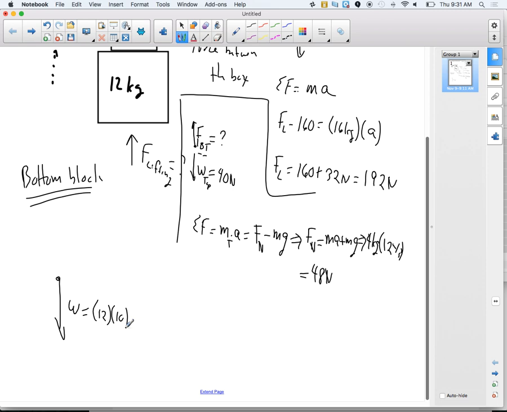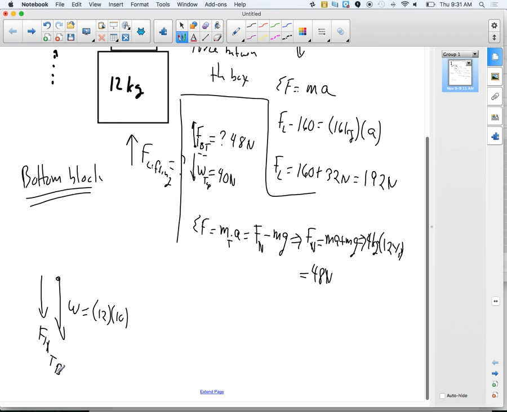Remember over here, we found that this number was 48 newtons. So we had the bottom block pushes the top block up with 48 newtons. There'll be, and I'm just going to call that for right now, the normal force from the top block on the bottom block.